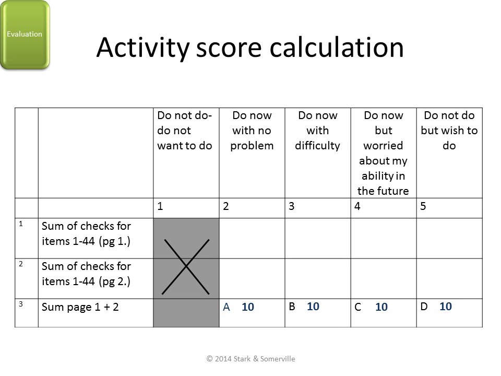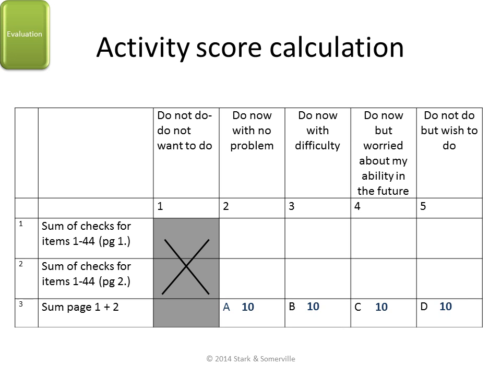Let's just pretend that they had 10 things that they did with no problems, 10 things that they did with difficulty, 10 things that they were worried about in the future, and 10 things that they did not do but wish that they could do. And then they would have had 4 things left over, because there's a total of 44 cards, that must have been in the "do not do and do not want to do" pile.